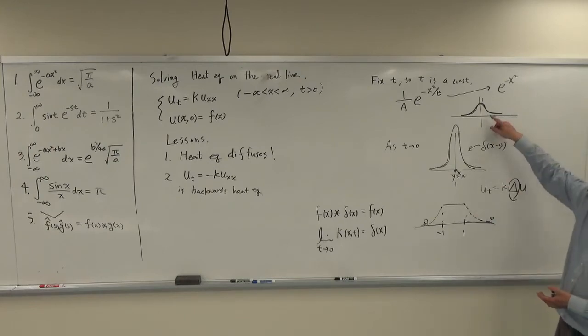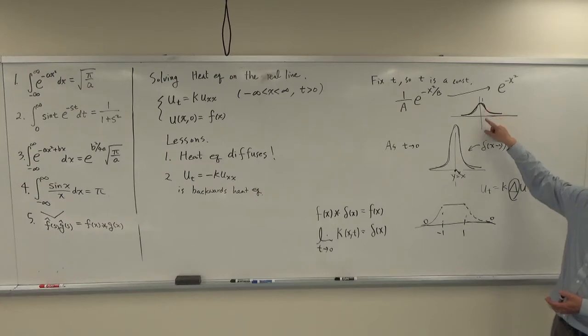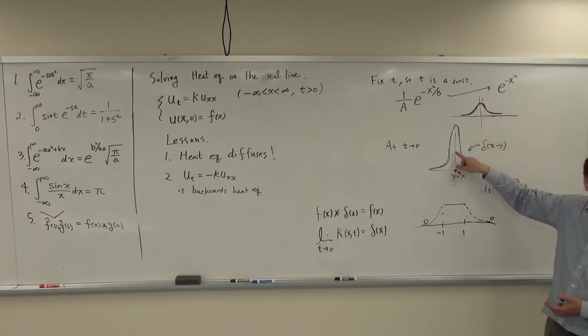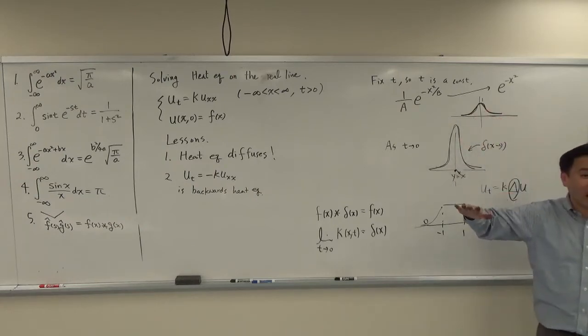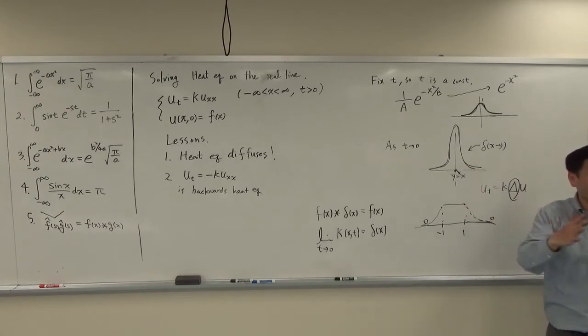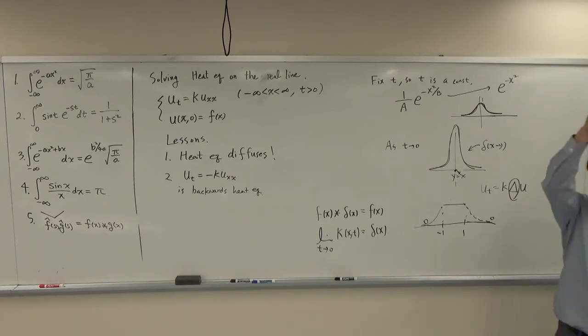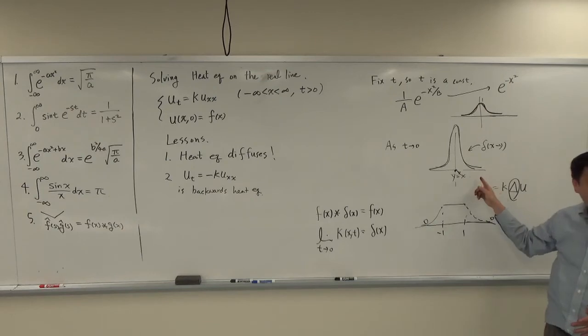Because what does it mean to reverse time? You would start from here, and as t goes to 0, what happens? Opposite diffusion means that things clump up, right? And at some points you get delta functions. If you get delta functions, can you go beyond that? Can you go to negative 1?